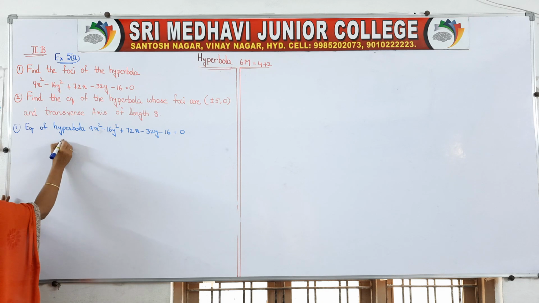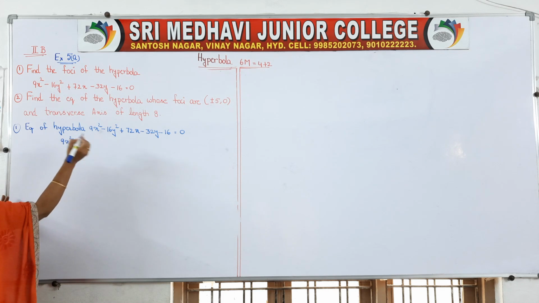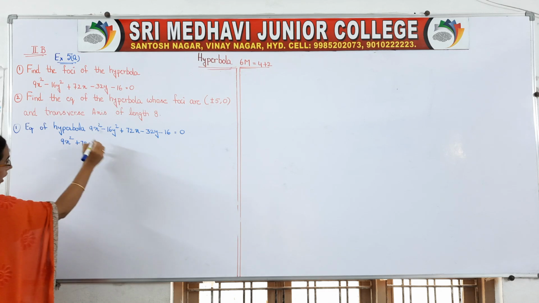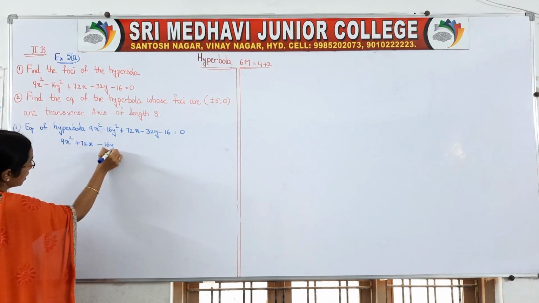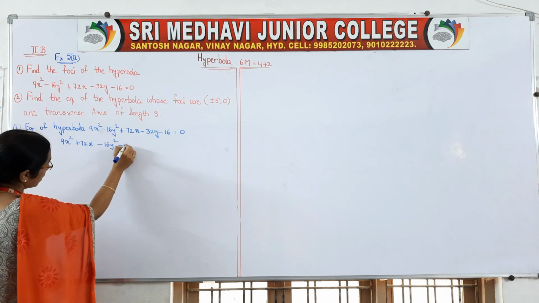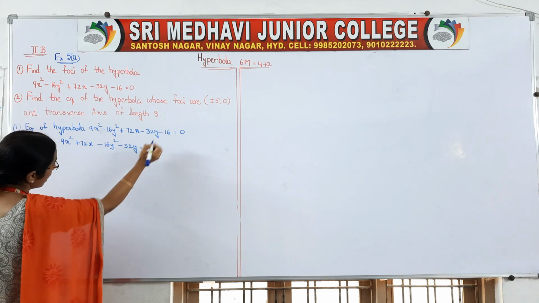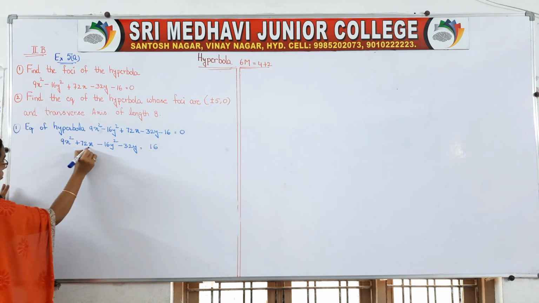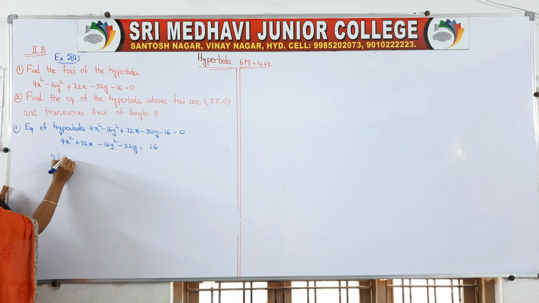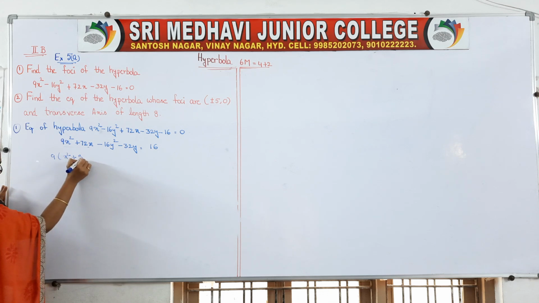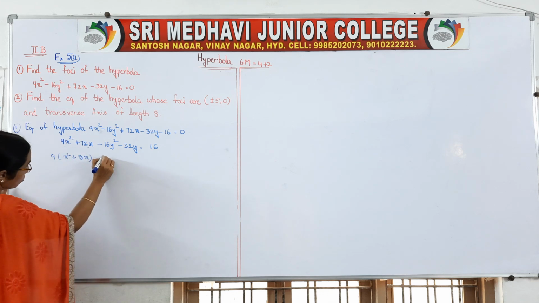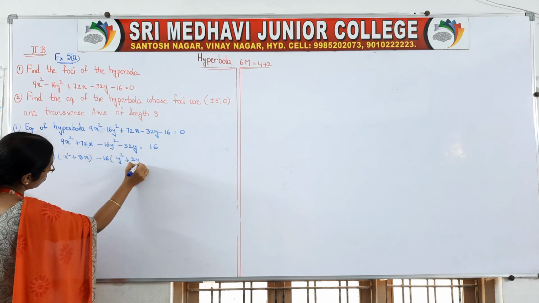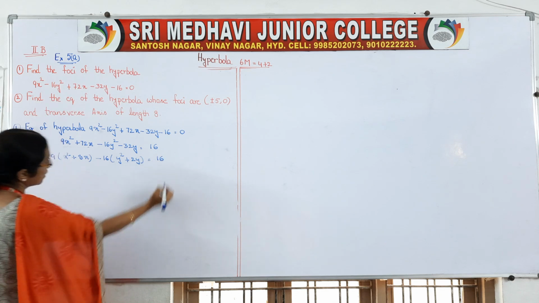First try to write your x terms together: 9x square plus 72x, and next write y terms: minus 16y square minus 32y, and send the constant to the other side. Next, from these two you can take 9 outside, so x square plus 8x. Next you take minus 16 outside, y square plus 2y is equal to 16.